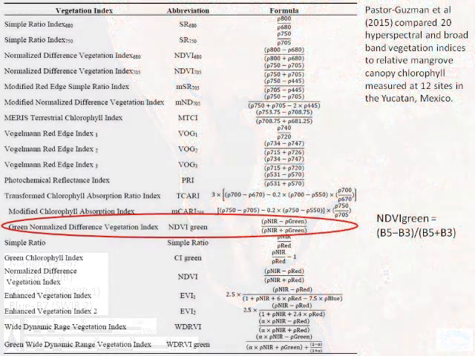Okay, this is all the different vegetative indexes that were tested against mangroves in the Yucatan, Mexico. And these researchers found that green normalized difference vegetative index had the closest match to the canopy chlorophyll of mangroves in the Yucatan. They found that this index, looking at Landsat imagery, explained more than 80% of what they were measuring on the ground.